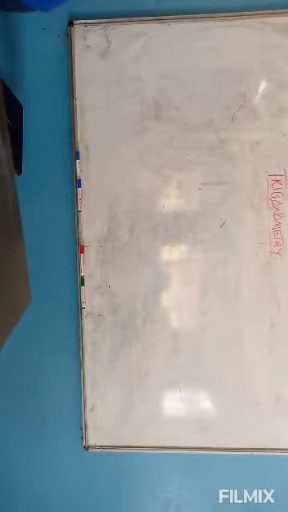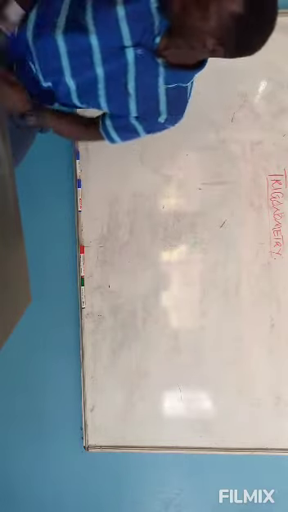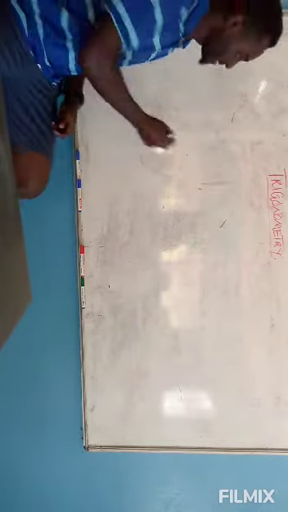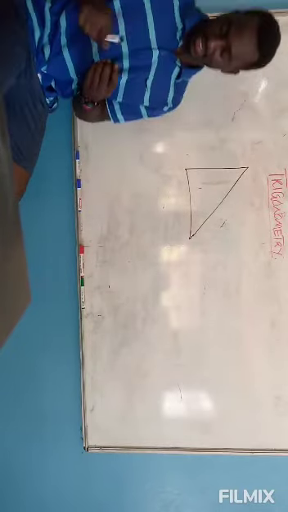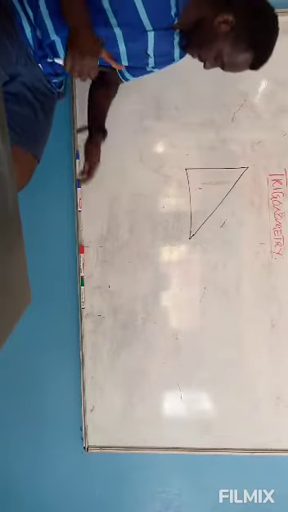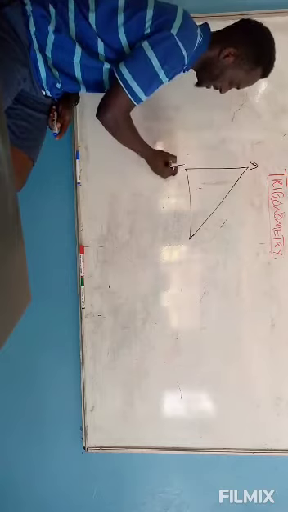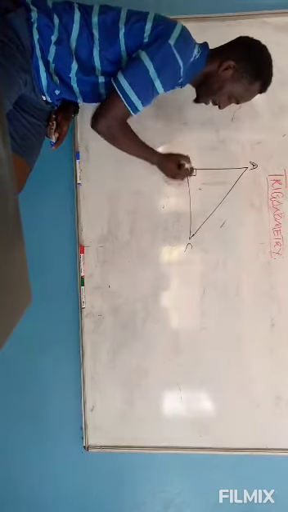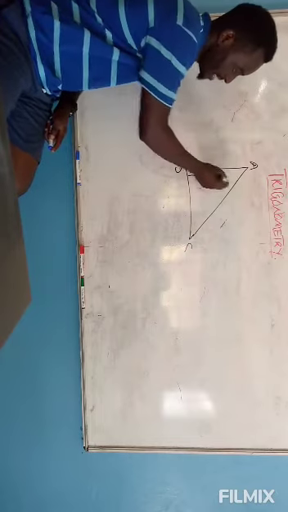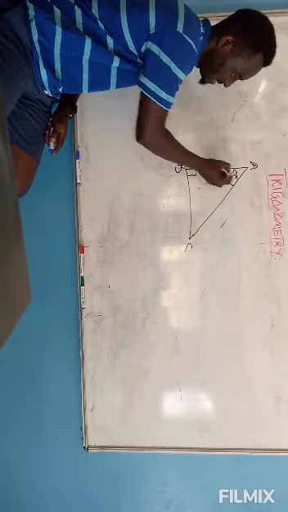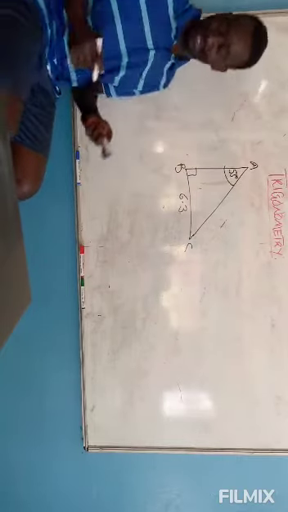So the first question that I'll give you is, I have a right angle triangle. Let me get some marker here. So we have A, B, and C. This is a right angle triangle. Now the angle has been given as 53 degrees, and 6.3 has been given as the opposite.